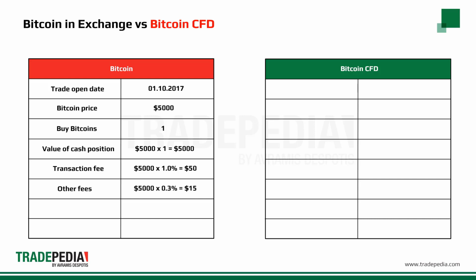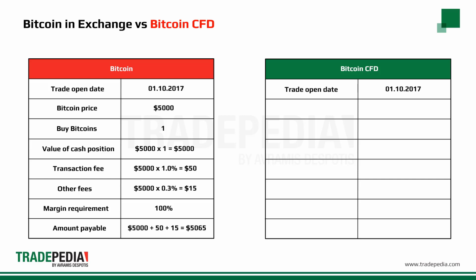With a 0.3% deposit and other fees, we would be charged 5,000 times 0.3%, which equals $15. Since no leverage is provided, the margin requirement is 100%. So total payable amount is $5,000 plus 50 plus 15, which equals $5,065.